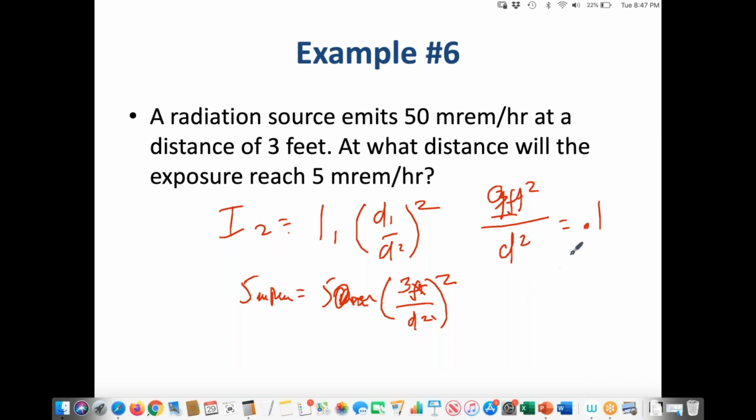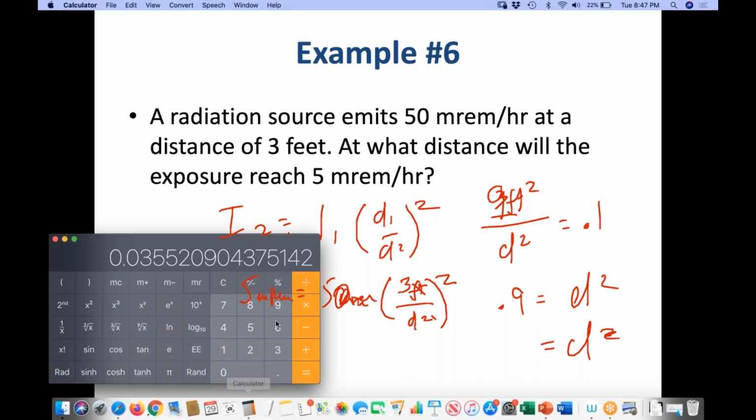Okay, so 0.9 is equal to d squared. So what's d equal to? Square root of 0.9. Anybody have that quickly? Where's my calculator? 0.95. Square root of 0.9. Yeah, it's pretty close to the same thing, right?